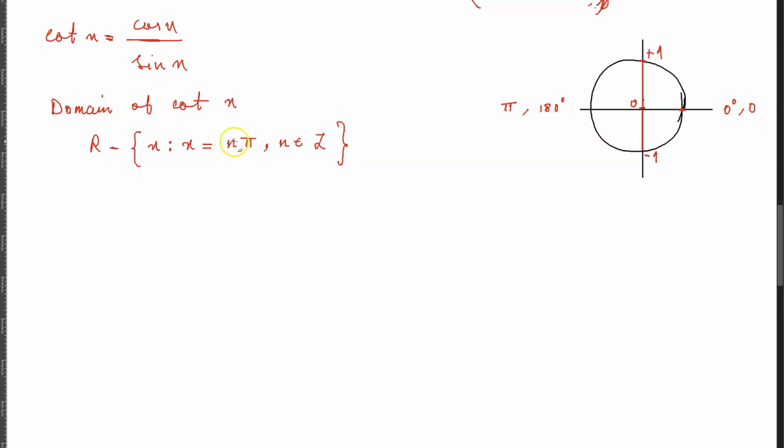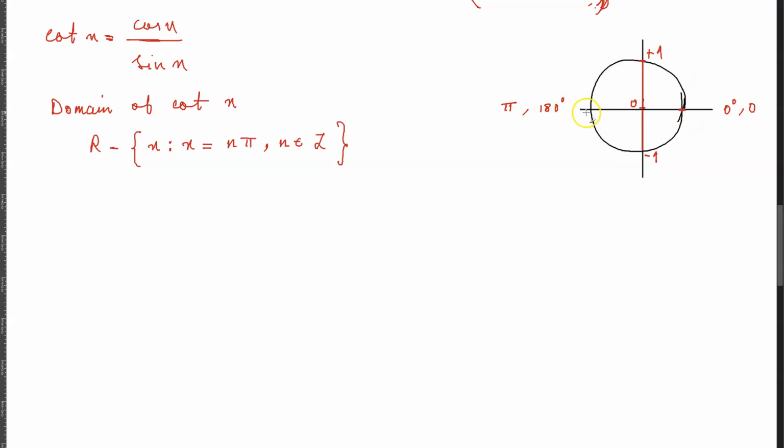And if n is equal to 1, then 1 times pi is equal to pi, at which angle the sine of x is equal to 0. If you go for 2 pi, 3 pi, 4 pi, and so on and so forth, then you just keep moving around the circle.